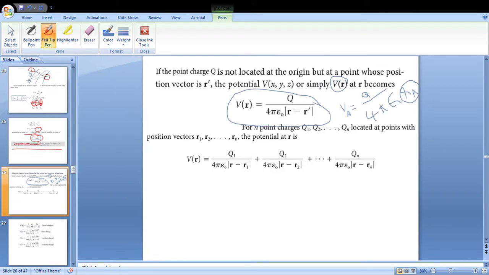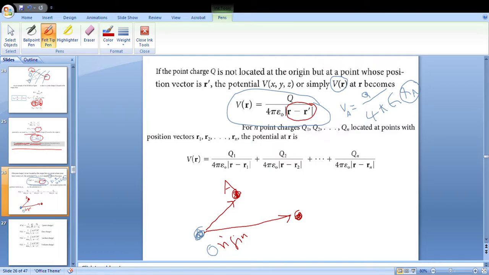Now, if you have some other kind of problem, where this is the origin, and this is the point A, you need to know the position vector of this particular point, and the position vector of that particular point, and then subtracting those two will give you this equation.